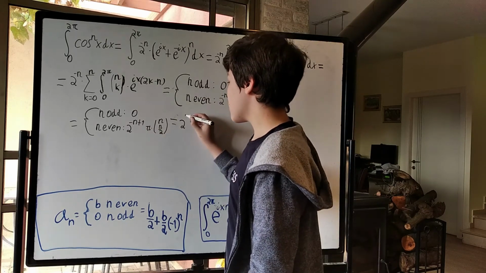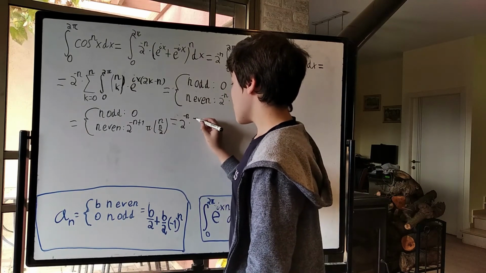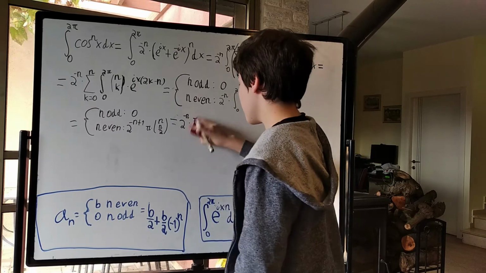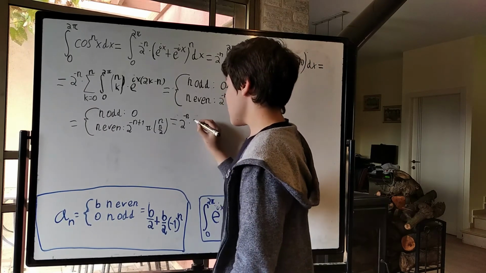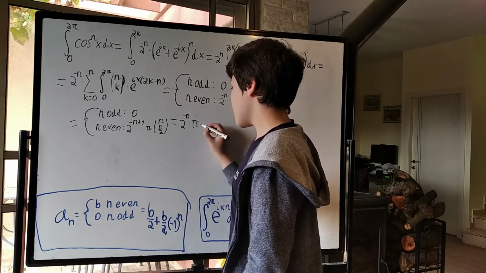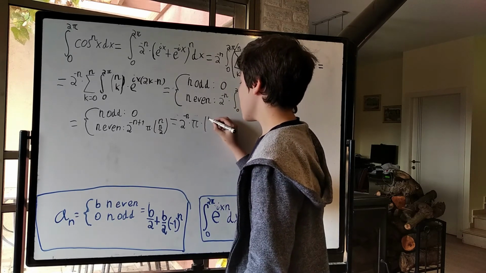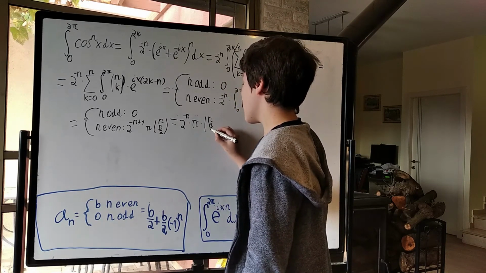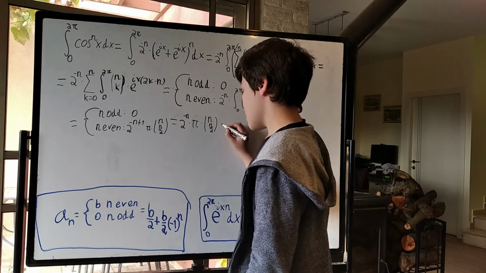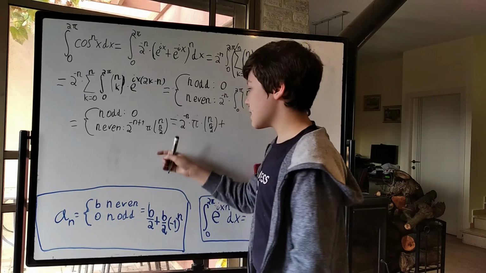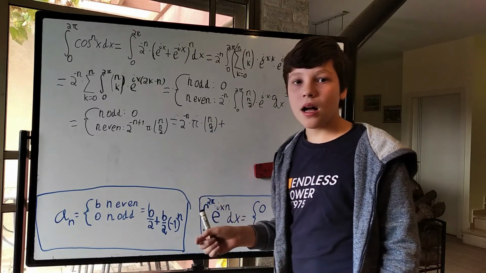So I'll have 2 to the negative n times pi times n choose n over 2. And then we'll have plus this times negative 1 to the n.